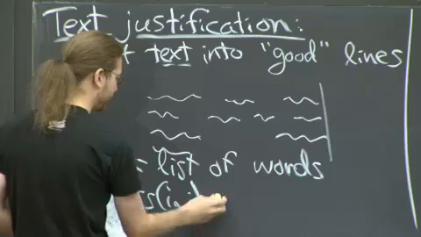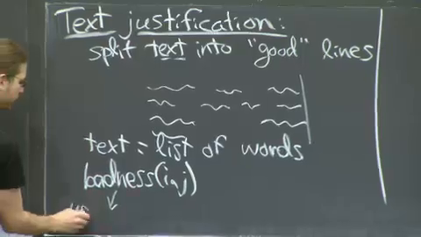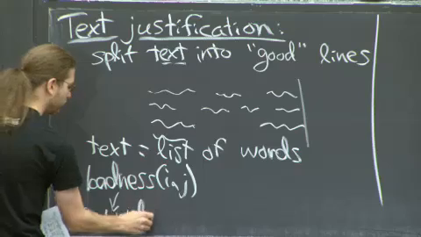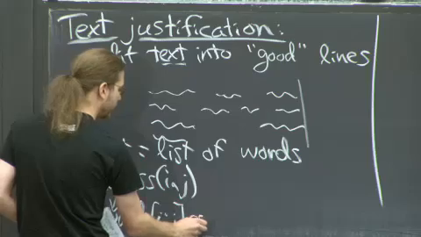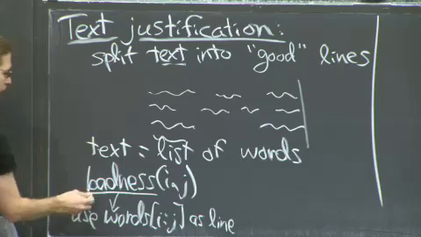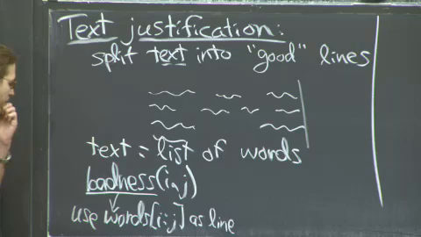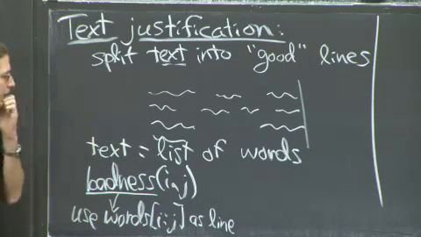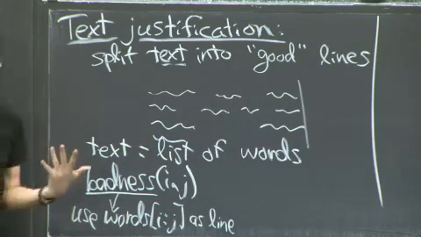But this is sort of how bad it is to use words i through j as a line. This is Python notation, so it starts at i and ends at j minus 1. That'll be convenient. So I have this list of words. And if I look at words i through j minus 1, and I think of what happens if I pack them in a line, well, they may fit or they may not fit.